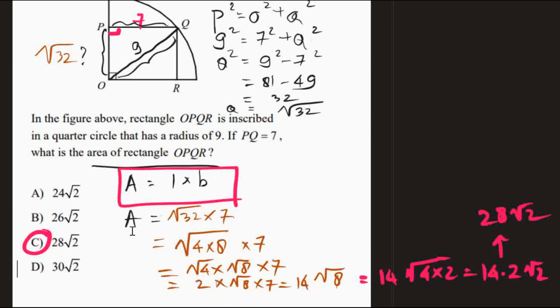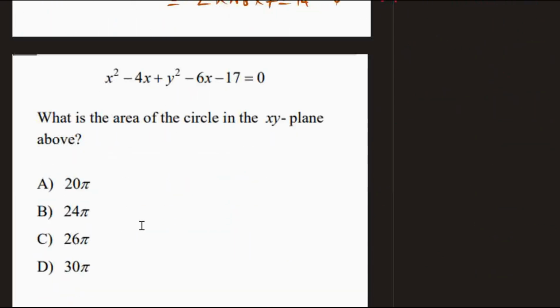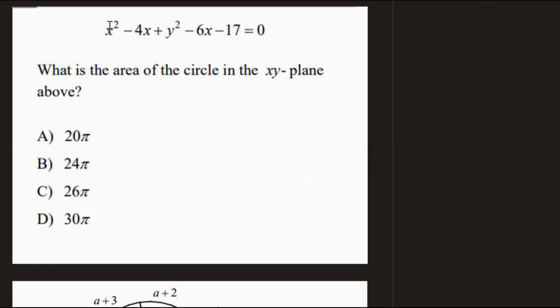Let's go to question number 3. x squared minus 4x plus y squared minus 6x minus 17 equals 0. So this is the equation of a circle. We have to count the area. It will be easier for us to find the area of the circle if we get the equation in the form that shows its radius.